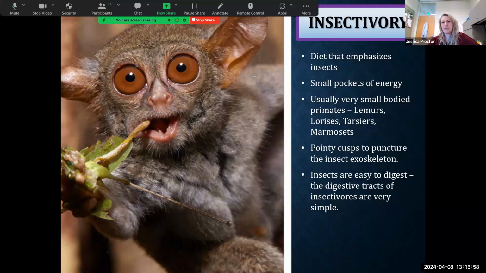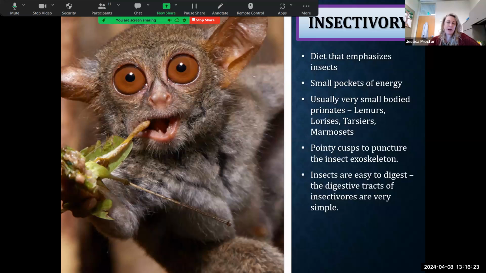They tend to have really pointy molars, and you can kind of see it in this picture. You're seeing the incisors in this region here, but even the molars are really sharp and pointy because it allows them to break up those insect exoskeletons. Insects, like I mentioned, are small bursts of protein and energy, and they're also pretty easy to digest.